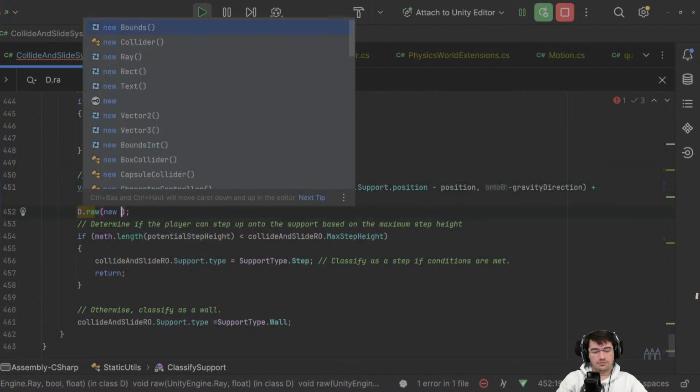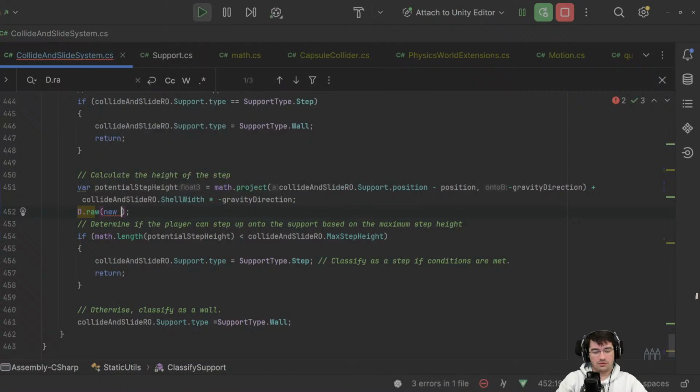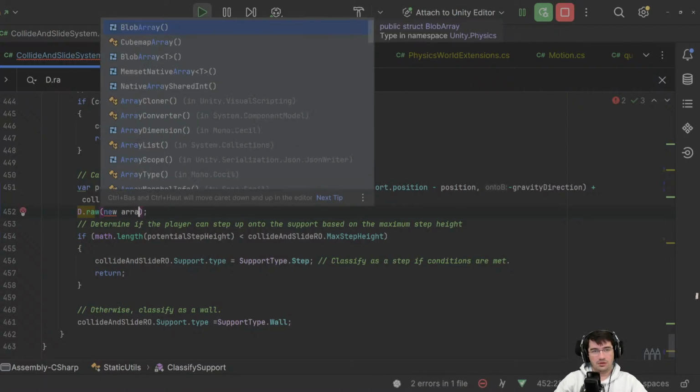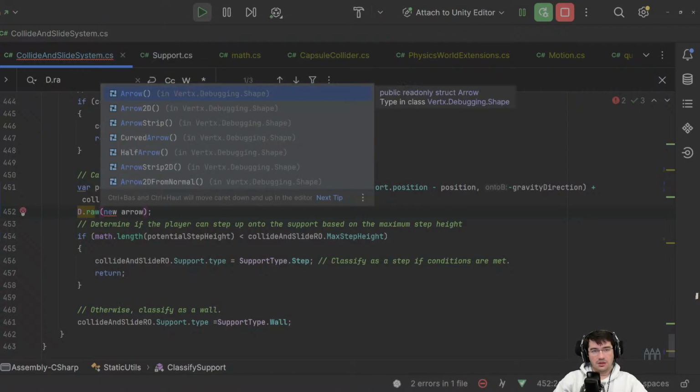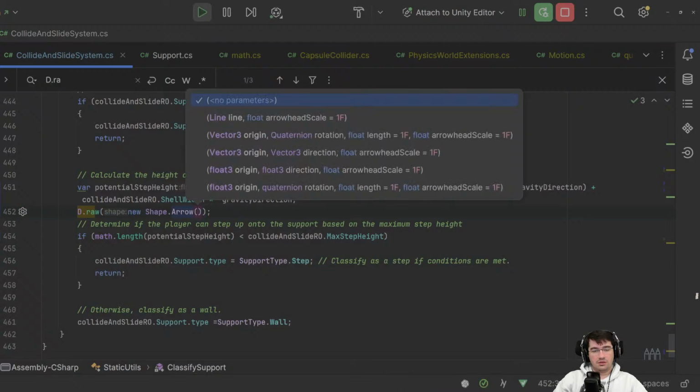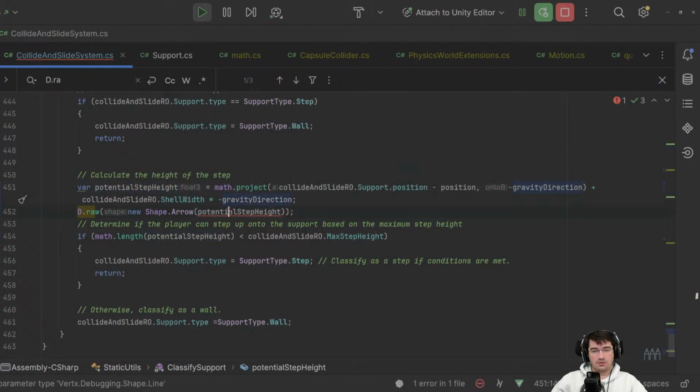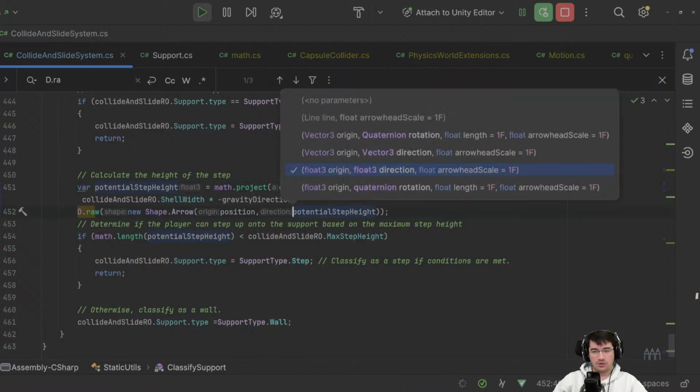New row. New row. So that will be the one I want, and my start position might as well be my current position.